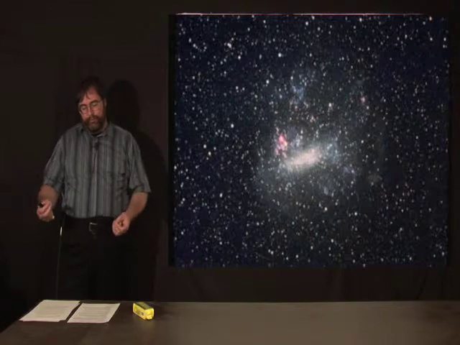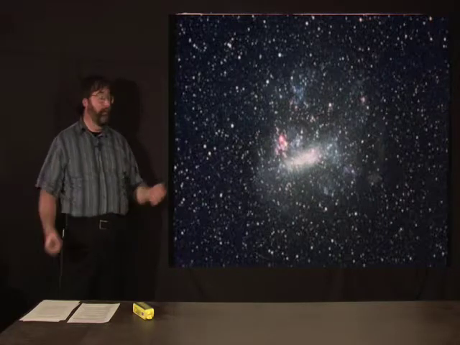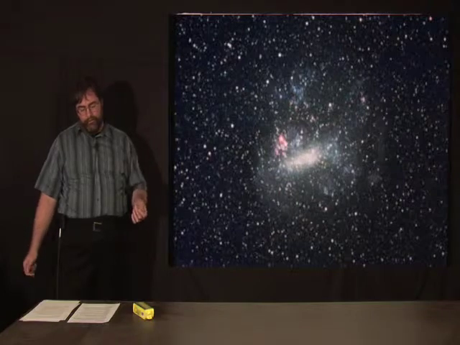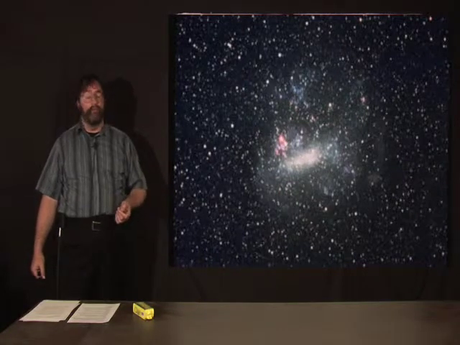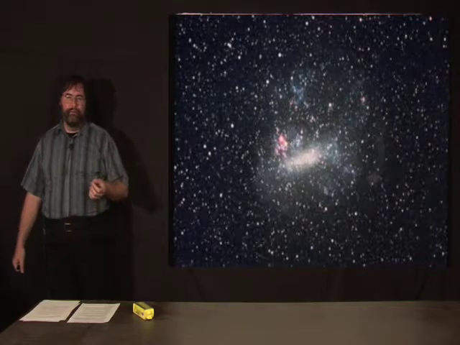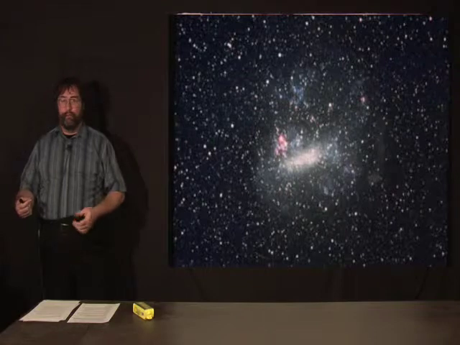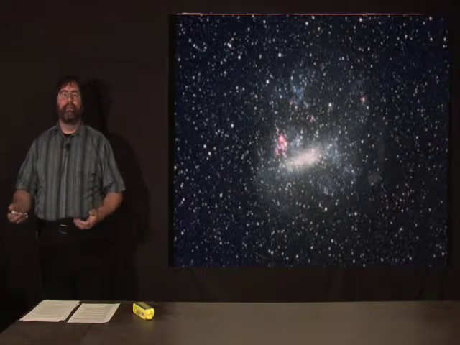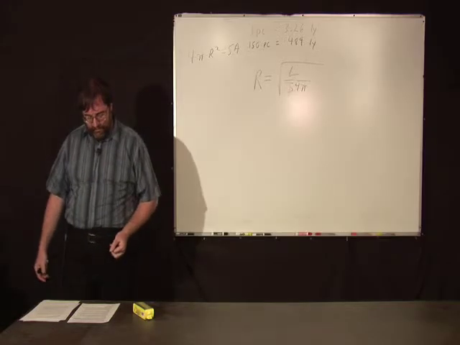So a couple things we know. We know now the distance to the Large Magellanic Cloud. We know something else. We know that the universe has to be at least 168,000 years old as a minimum, because it would take that long for light to get here from there, and we can see the galaxy. Therefore, the universe is at least 168,000 years old.